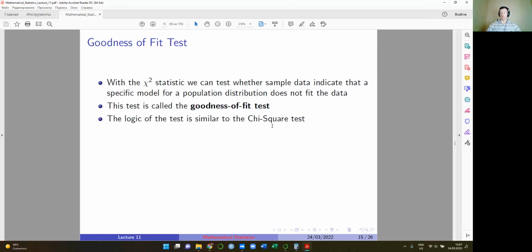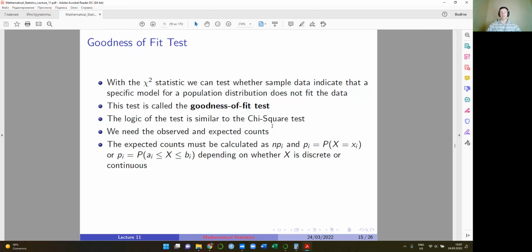The only thing is that we need to make several additional steps. So we need the observed and expected counts. And the expected counts now must be calculated in the same way, n p_i, but this probability p_i is calculated either with the help of the probability mass function or the cumulative distribution function, depending on whether we have a discrete or continuous random variable underlying the data.